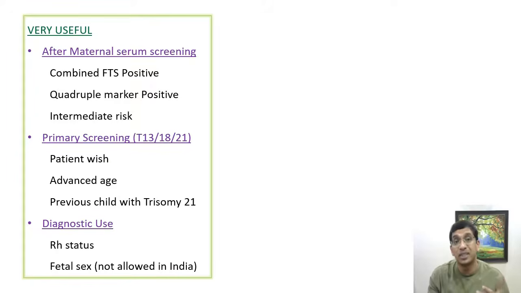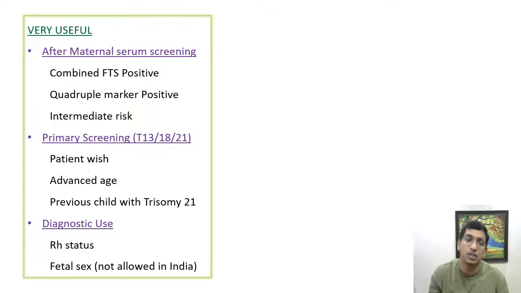Advanced age, patient is 43, 44, 45 years old and has conceived spontaneously, not through donor IVF because donors are young, but if a patient conceives spontaneously at 44 or 45, incidence of Down syndrome is very high in her compared to the general population, and you can directly offer NIPT instead of a combined screening or a quadruple test. And previous child with trisomy 21, which I have already explained.